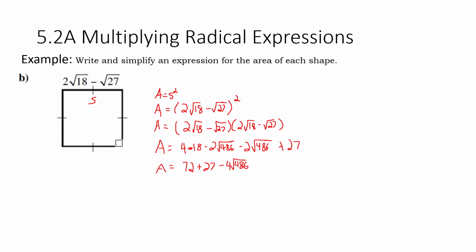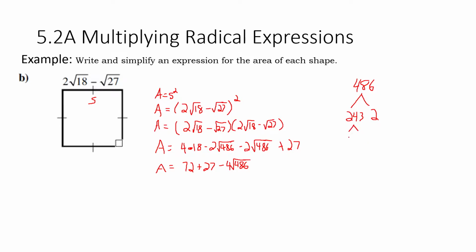So that 486, we need to see if there's any perfect squares in there. Let's do a factor tree for 486. Let's split that into 243 and 2. And then 243 is divisible by 3.